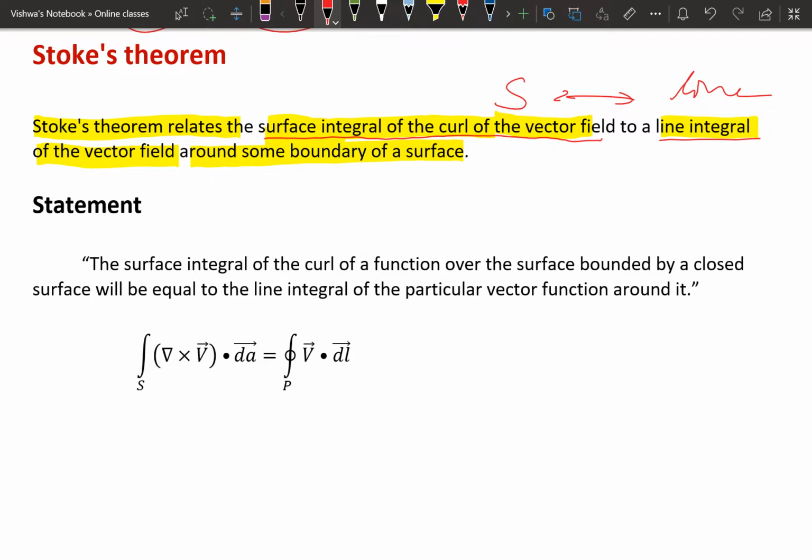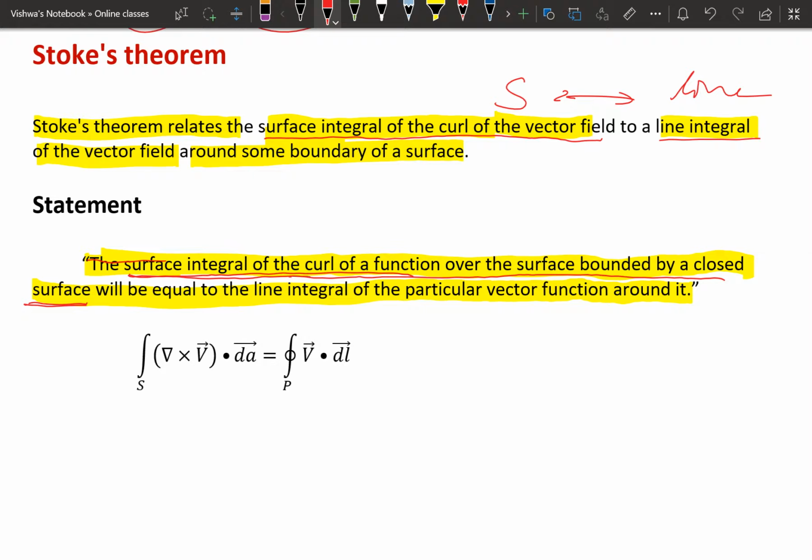The statement of this Stokes theorem is: the surface integral of the curl of a function over the surface bounded by a closed curve will be equal to the line integral of the particular vector function around it. The first statement is the surface integral of the curl of a vector function over the surface bounded by a closed curve. In the first sentence, it represents that there is a closed curve and a surface integral of the curl function.